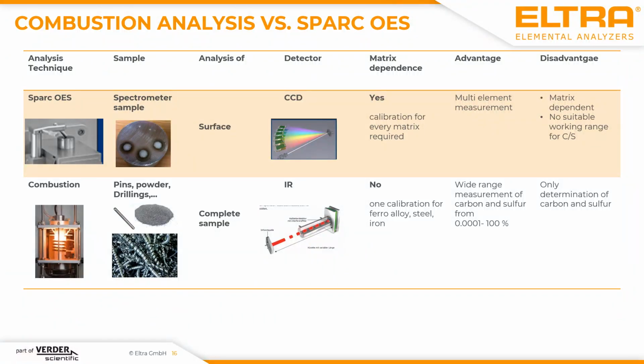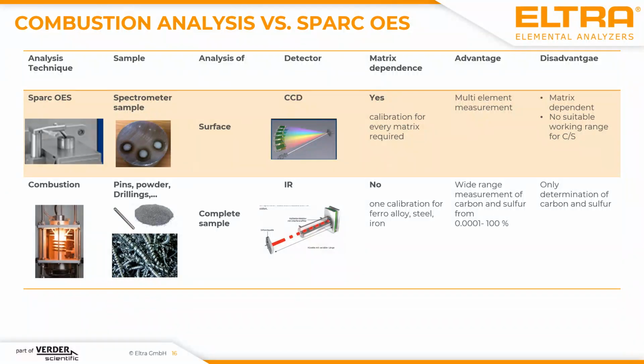Usually this technique is very fine for homogeneous elements, for example iron, molybdenum, manganese. They're easy to excite and they are easy to measure. Carbon and sulfur usually are present in low concentration, and this could cause trouble during measurement in a spectrometer. Combustion analyzers are very easy to use.